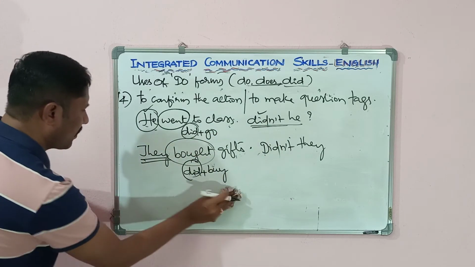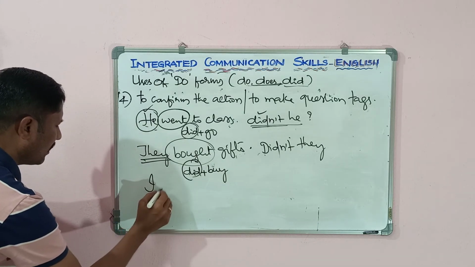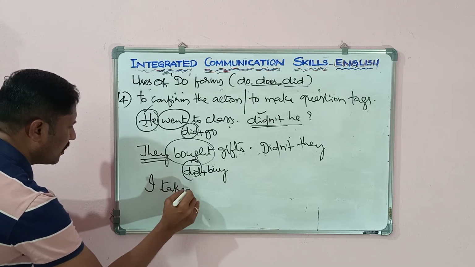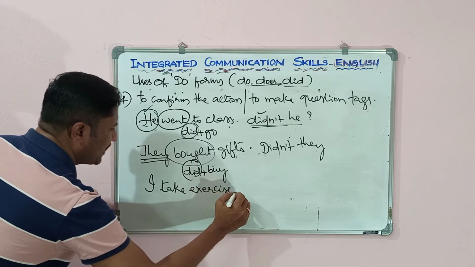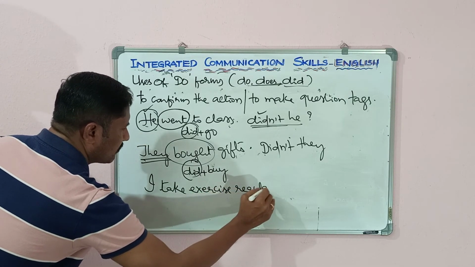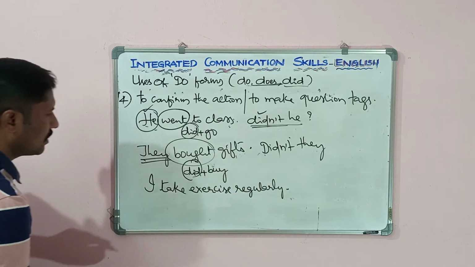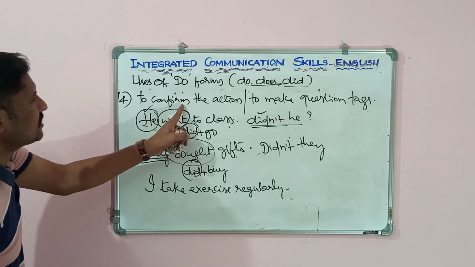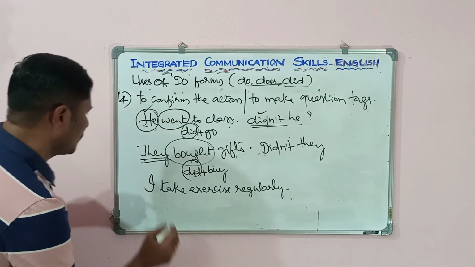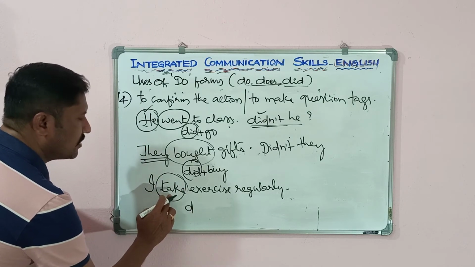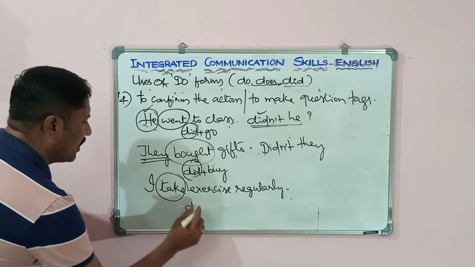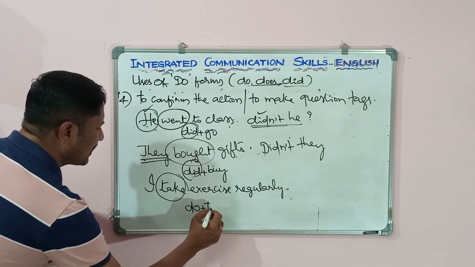Okay, I take exercise regularly. How to make confirmation or question tags? What is the verb here? Take is the simple present form of the verb. Take is nothing but do plus take.